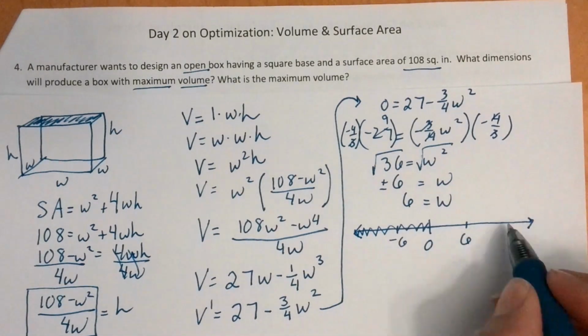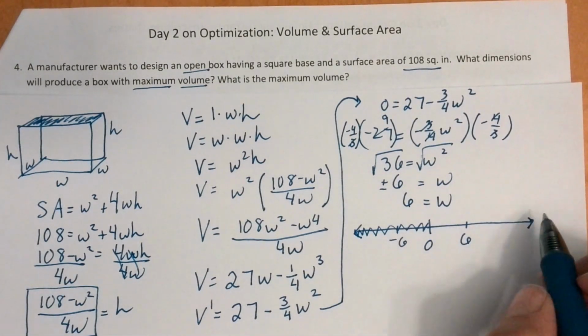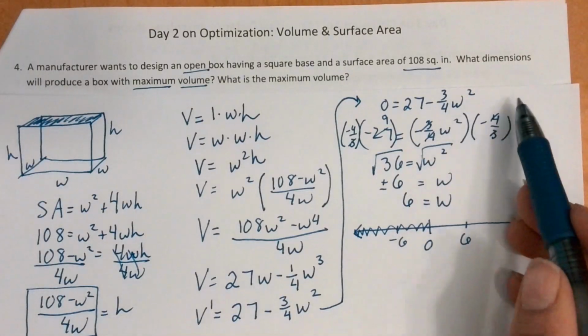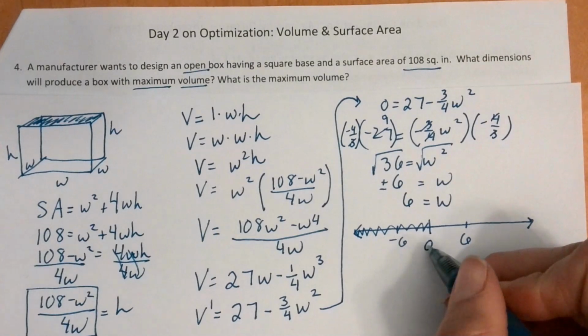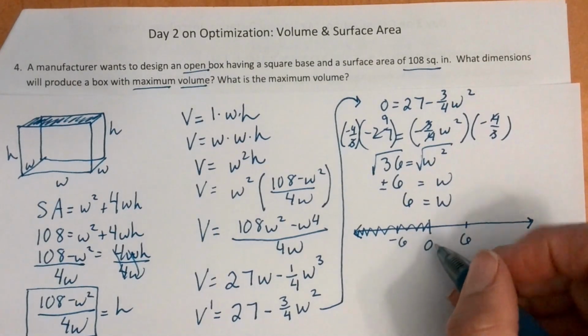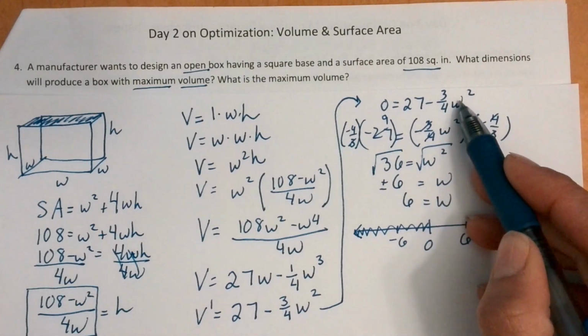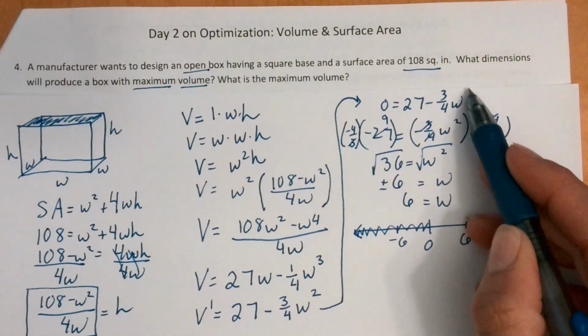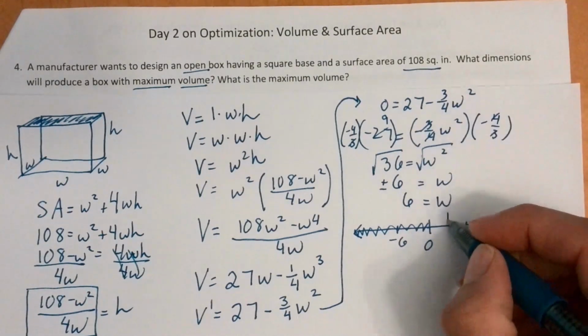And I'm going to substitute numbers in between 0 and 6 and 6 and infinity to find out what the sign of our derivative is. So you can substitute 1, and you can actually substitute 0 in if you want, because it's not a critical value, but I'll substitute 1 in. So if we substitute 1 on up here, 1 squared is 1, times 3/4 is 3/4, 27 minus 3/4 is definitely positive.